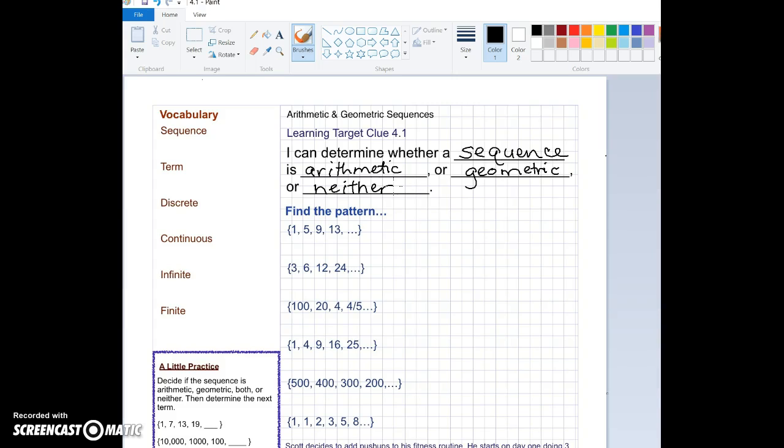Now, let's go over a few bits of vocabulary so that we can really understand what we're talking about. A sequence. A sequence is a series of numbers. A series is just a list. It's a list of numbers with a pattern.